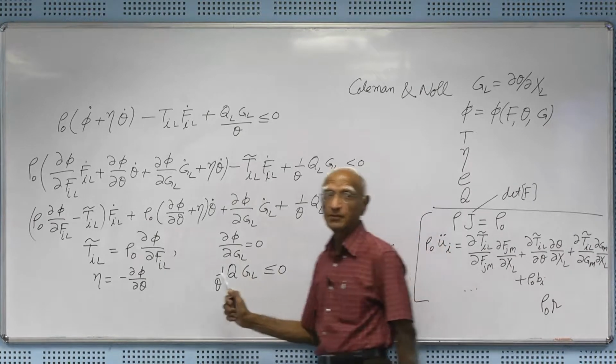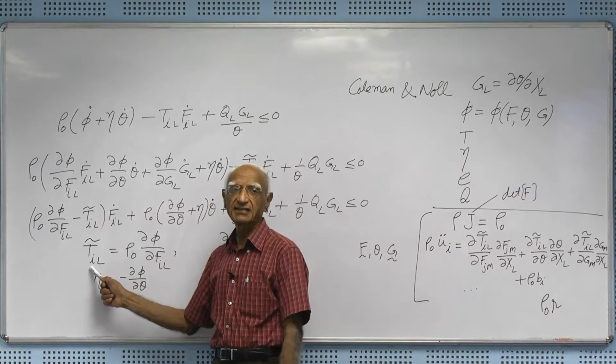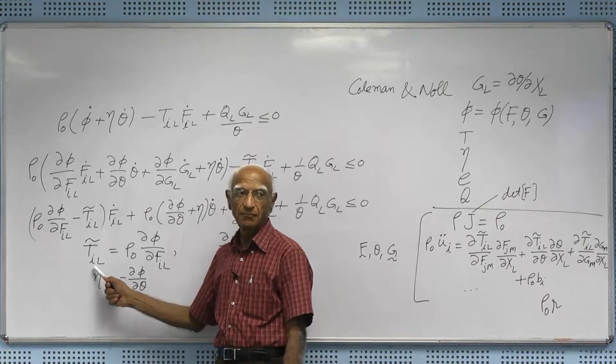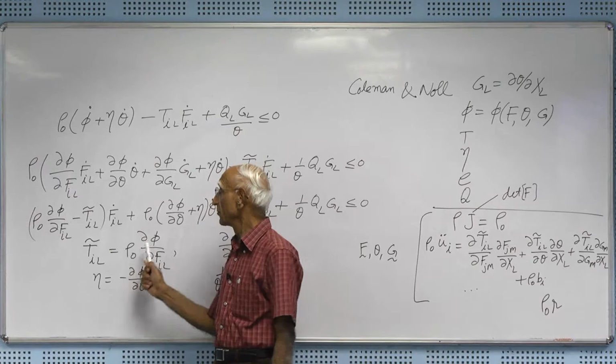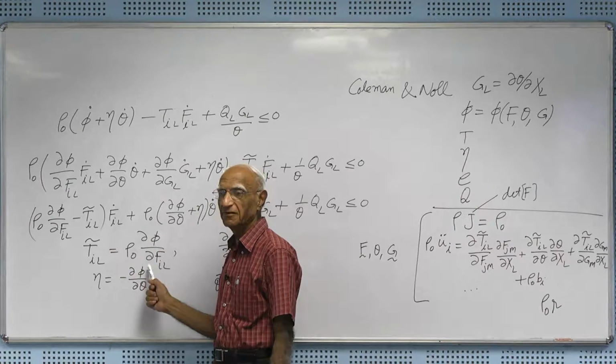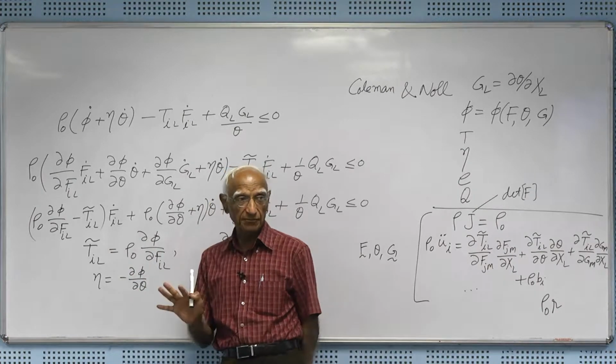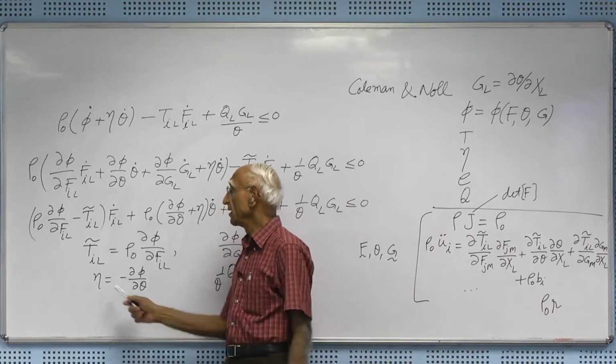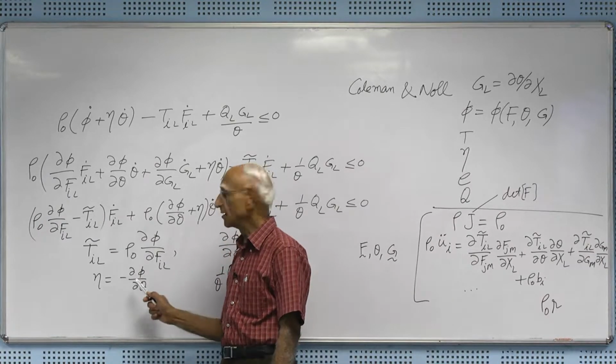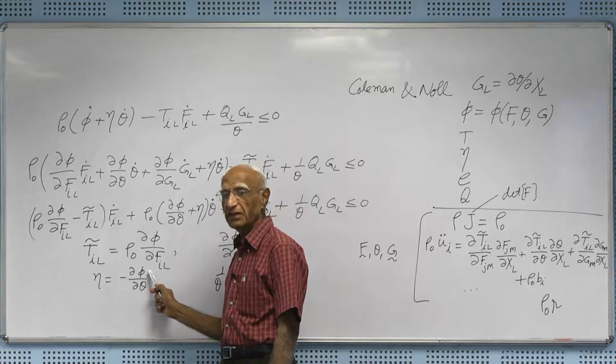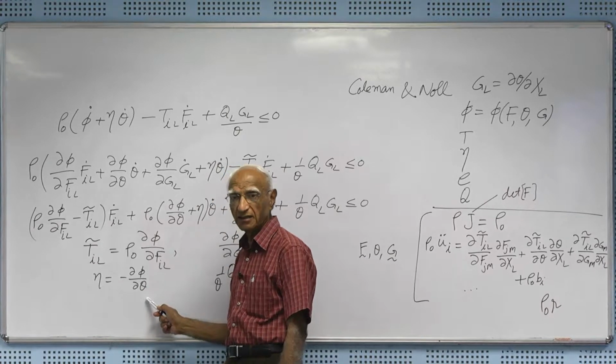Furthermore, the first Piola-Kirchhoff stress tensor must be obtained from the Helmholtz free energy by differentiating with respect to F. Entropy equals derivative of phi with respect to temperature.